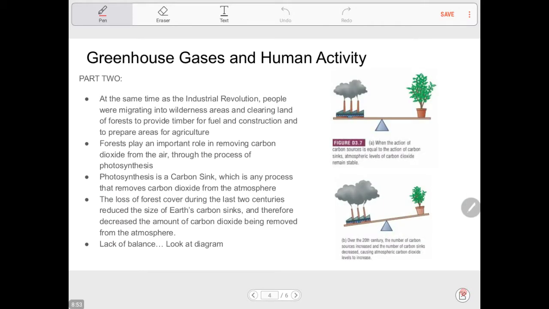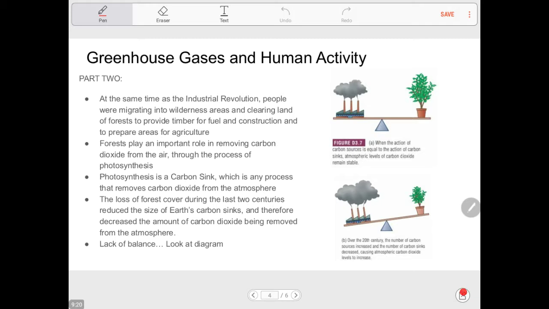At the same time as the Industrial Revolution, and to this day, humans are spreading. And what we're doing is we're cutting down natural areas. Well, what do the natural areas do? Natural areas, which are plants and trees and so on, they carry out photosynthesis. And naturally, they take in carbon dioxide. Well, we're cutting that down or destroying it.